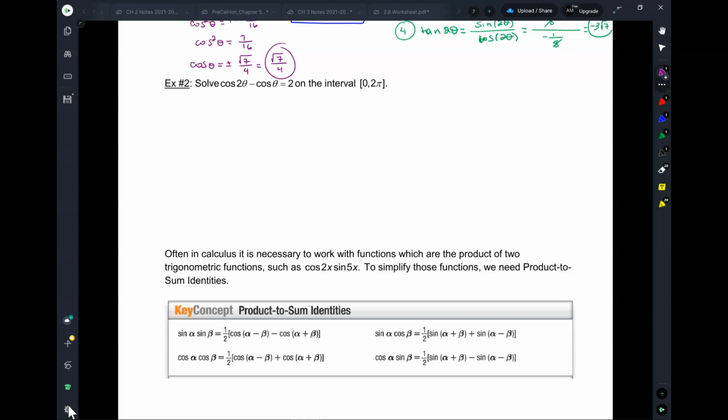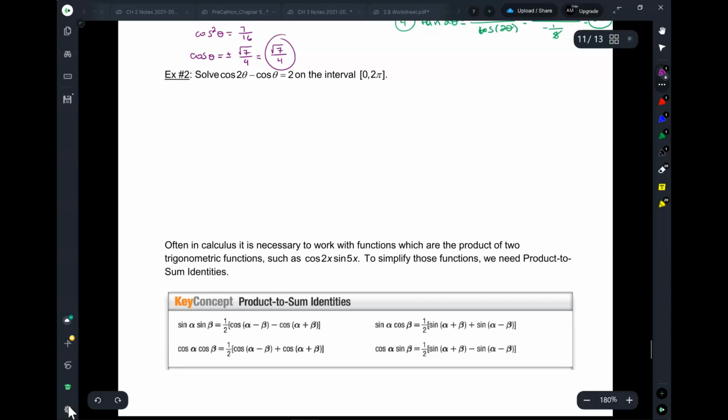We wanted to make it homogeneous. Same thing here. I have all cosines, but I've got all sorts of angles: 2 theta, theta. That's not good. You want to make all of the angles the same angle, so you want to convert 2 theta into theta.